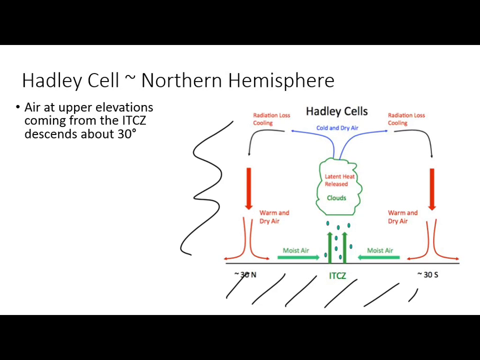Now it's not always 0 latitude, but at the intertropical convergence zone, the hot spot, the air rises, hits the tropopause, and goes both ways. Then at about 30 degrees, it falls back down. Then that air, focusing on the northern hemisphere, goes back towards the equator. In the southern hemisphere, it goes back towards the equator too.